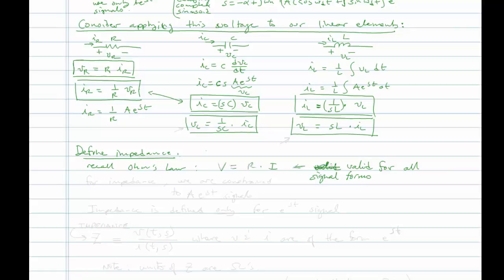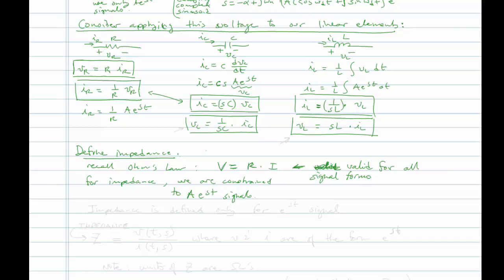In other words, in Ohm's law, we are not constrained to A e to the st signals. As opposed to impedance. For impedance, we are constrained to A e to the st signals.